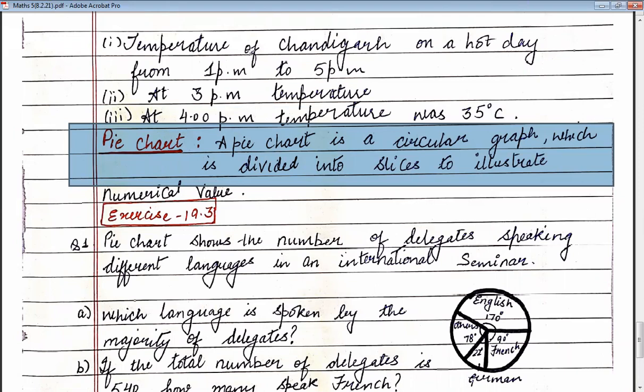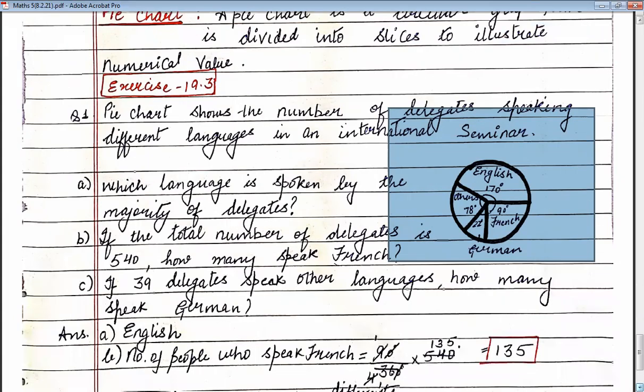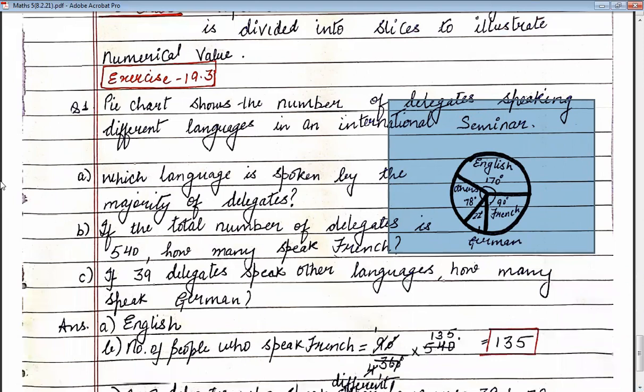You can see that in your pie chart, the numerical values are given within the slices. Now let's have a look at our pie chart. Let's read what is given. The pie chart shows the number of delegates speaking different languages in an international seminar.